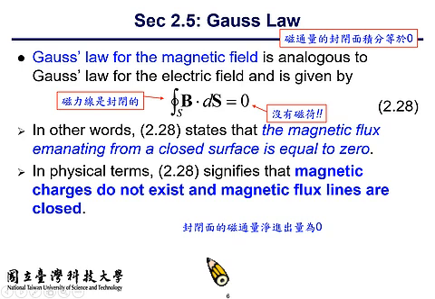So to the left is also a closed surface integral of flux density, that is the closed surface integral of magnetic flux density B. And to the right is 0. Well, you may be curious why the right-hand side is 0. Can it be a non-zero value?